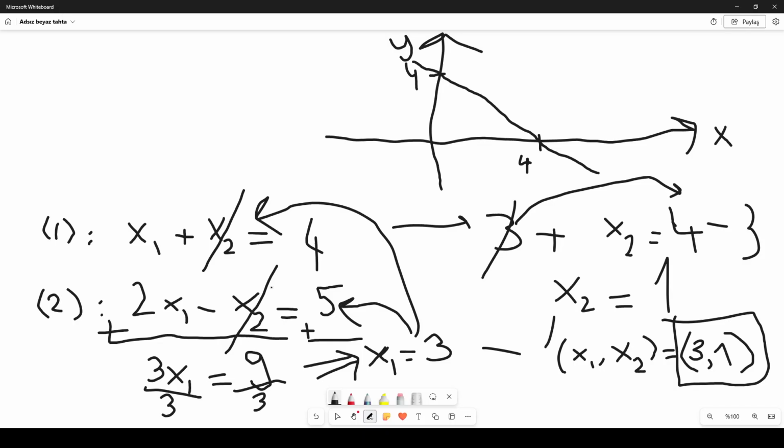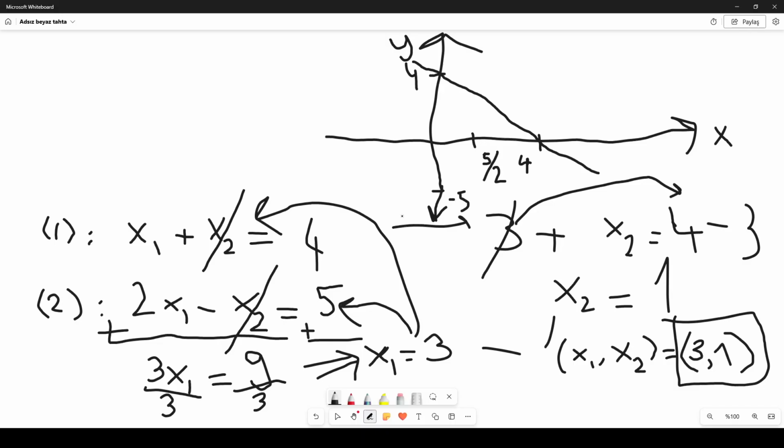If we take the value x2 is equal to 0, then x1 is 5 over 2, which is somewhere around here. 5 over 2, right? 2.5. And if we take the value x1 is equal to 0, then it intersects the y-axis in the negative direction, and in this case this is minus 5, right?